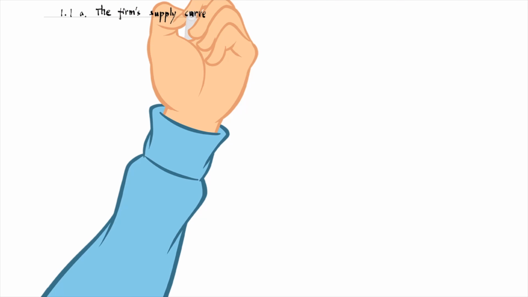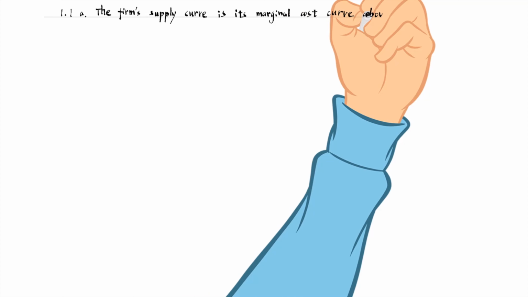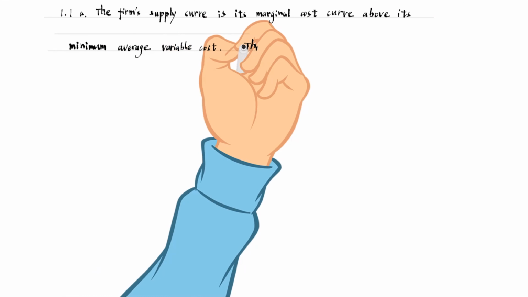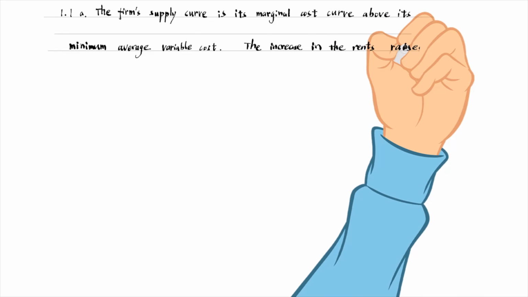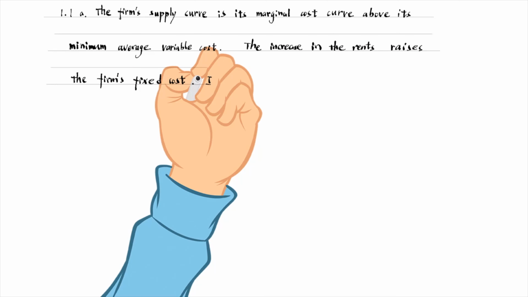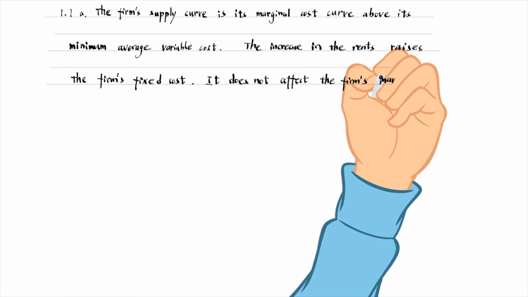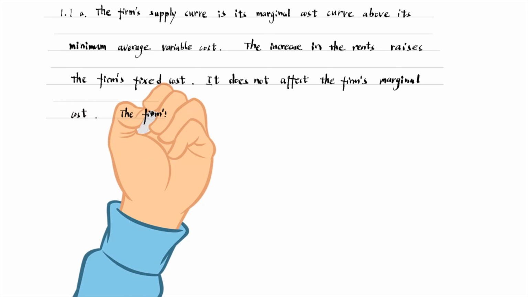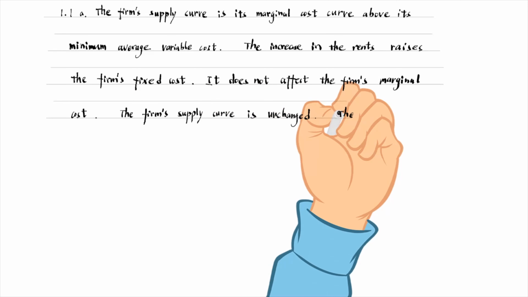The firm's supply curve is its marginal cost curve above its minimum average variable cost. The increase in the rents raises the firm's fixed cost. It does not affect the firm's marginal cost. So the firm's supply curve is unchanged.